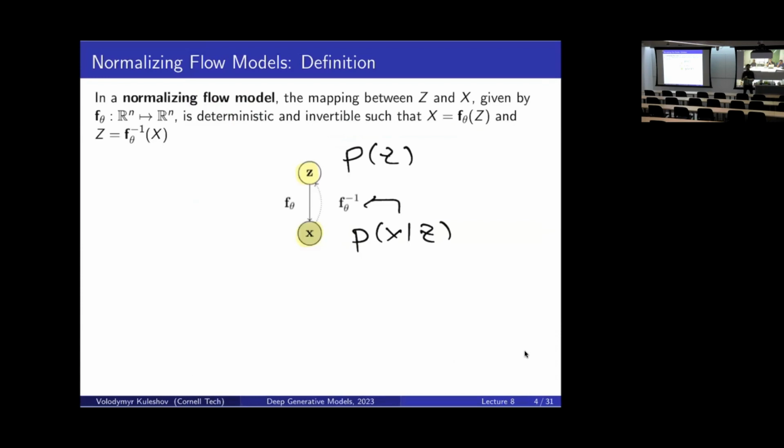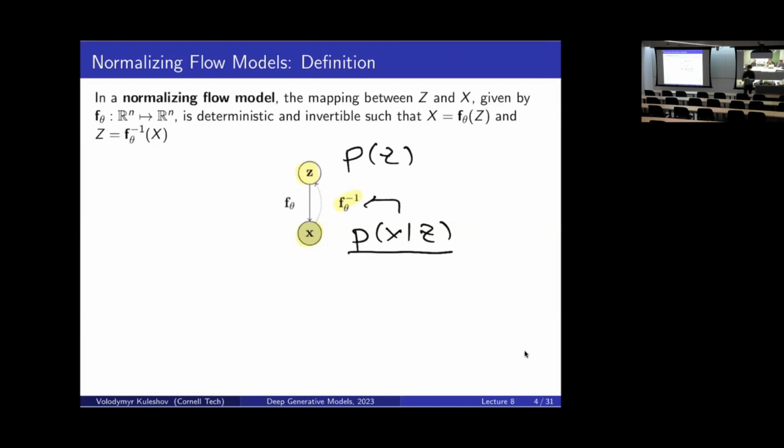It's an invertible mapping, therefore it has a well-defined inverse, which we denote by f inverse. And what's interesting is that this is a one-to-one mapping. So for each z, there is a unique x that is associated with it. For each z, this probability density is just a delta function on a single point.